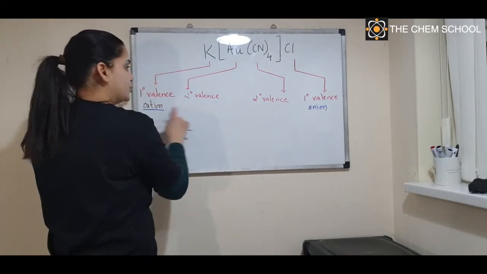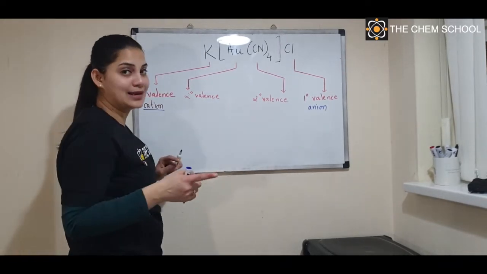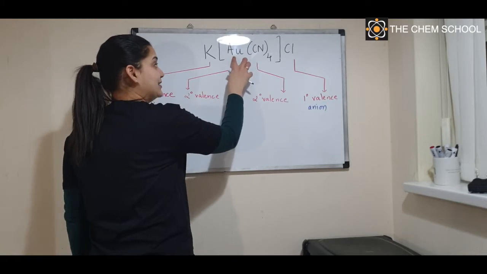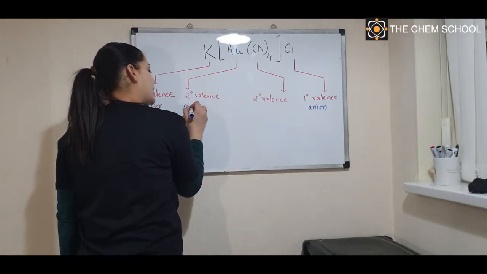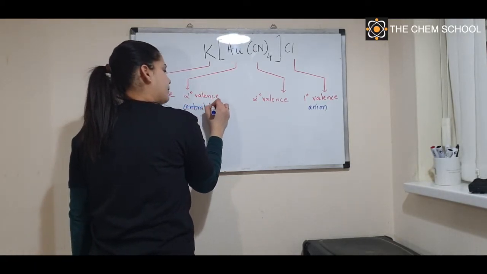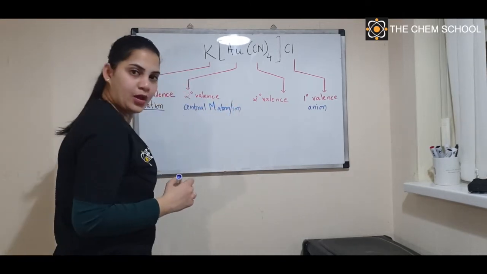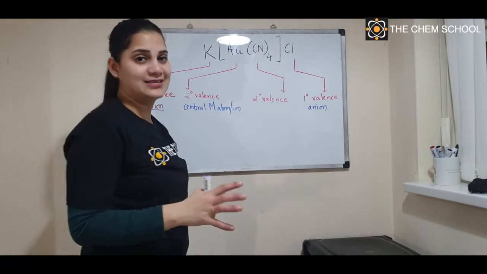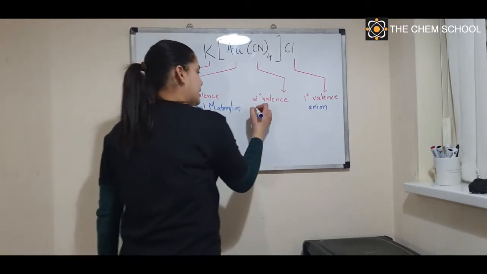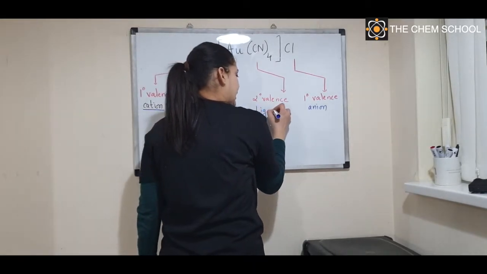Like before, one was cation, the other one was anion, right? Similarly, in the square bracket, this is your central metal atom, or you can say it is an ion. And here this is nothing but the ligands.